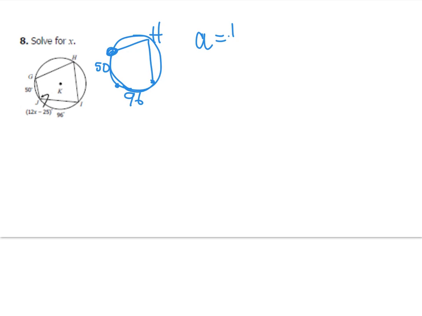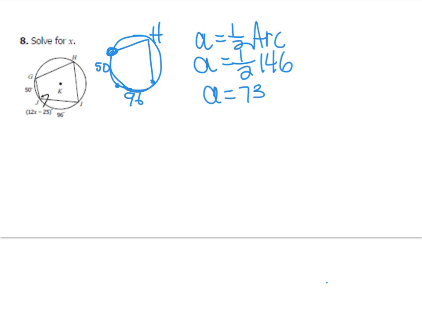H is the angle that is equal to half the arc. We add the arcs together, and the angle is equal to half of 146. So the angle is equal to 73, so H is equal to 73.